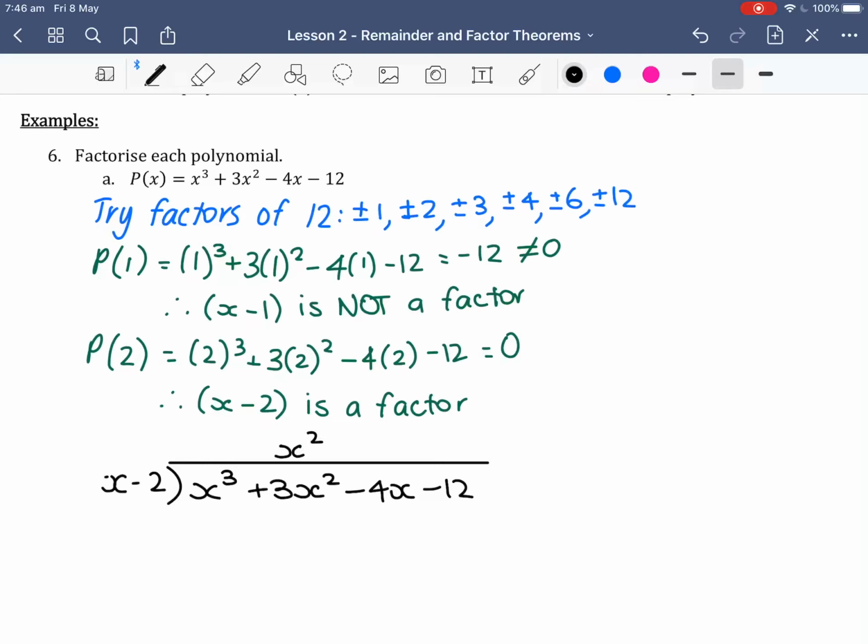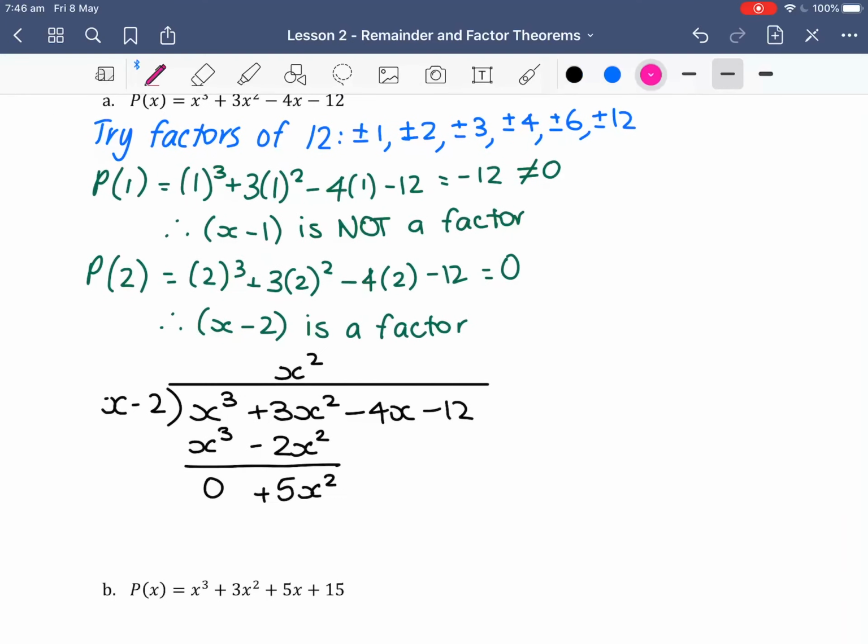So x cubed divided by x is x squared. x squared times x is x cubed, x squared times minus 2 is negative 2x squared. Subtract: x cubed minus x cubed is 0, and 3 minus negative 2 is plus 5x squared. Bring our minus 4 down.